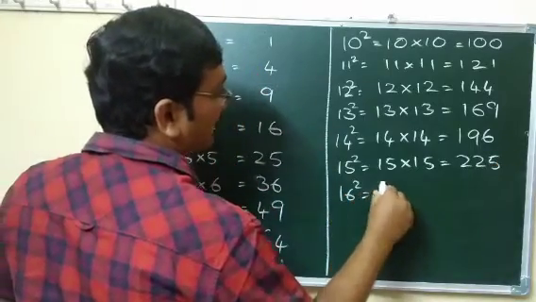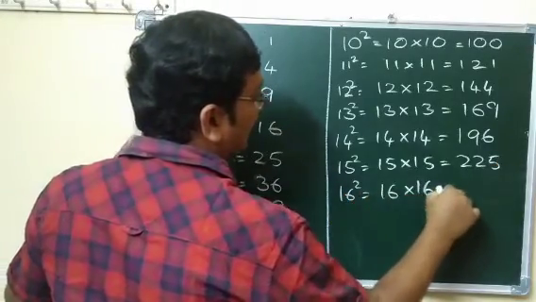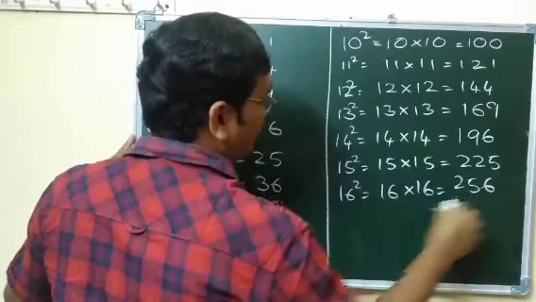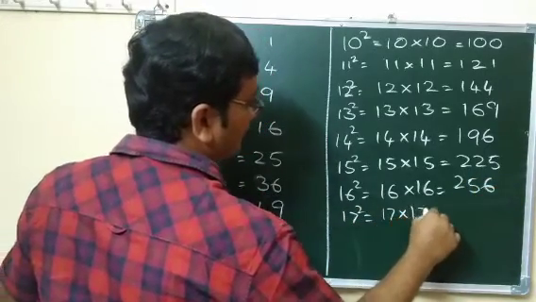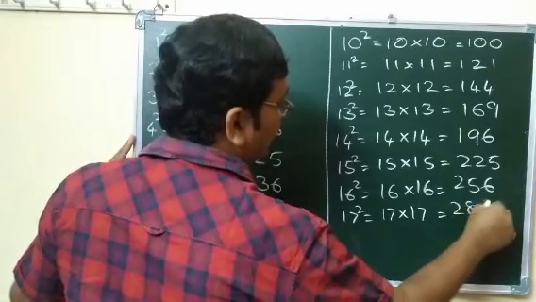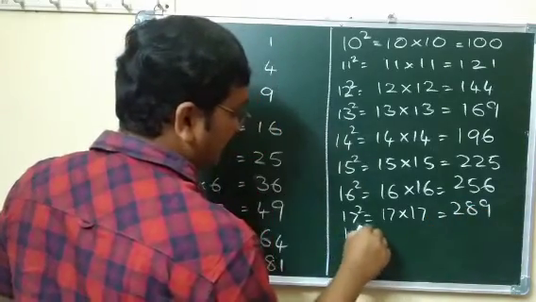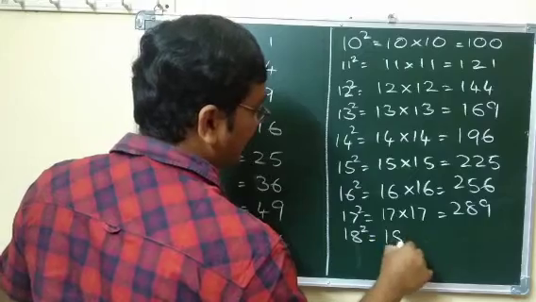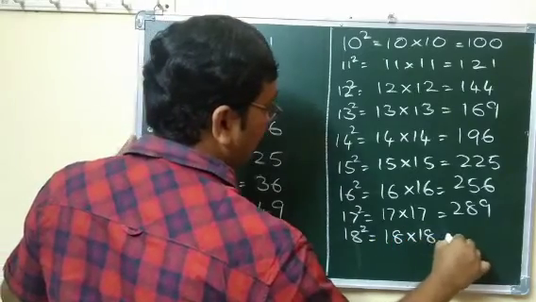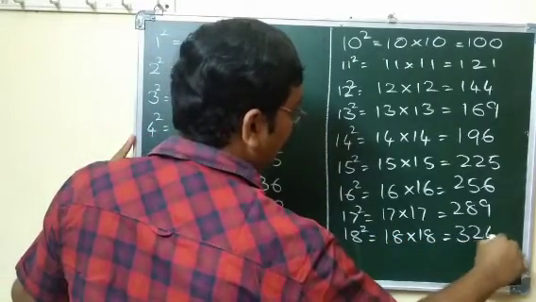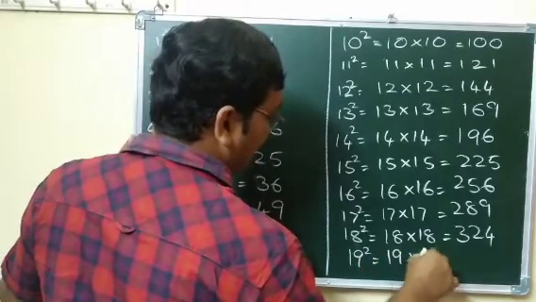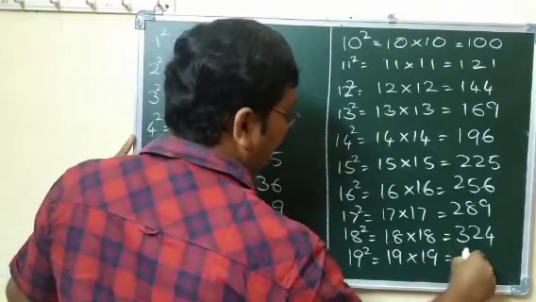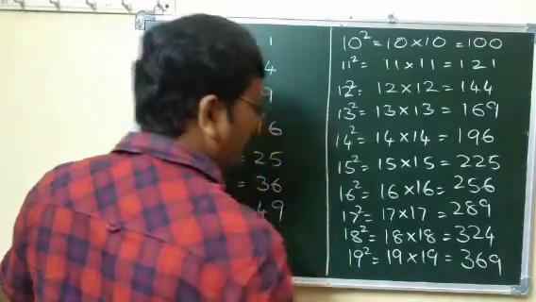16 square, 16 into 16, 256. 17 square, 17 into 17, 289. 18 square, 18 into 18, 324. 19 square, 19 into 19, 361.